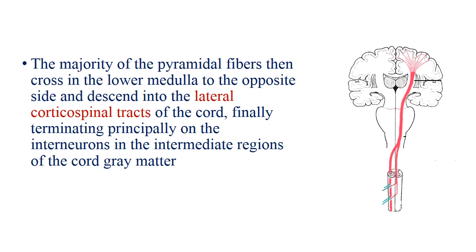Okay, so a refreshment of what we already mentioned. The majority of pyramidal fibers will cross in the lower medulla to the opposite side and then descend through what's called the lateral corticospinal tract. They finally terminate principally in the anterior horn, where they will synapse with the interneurons in the intermediate region of the cord in the gray matter.